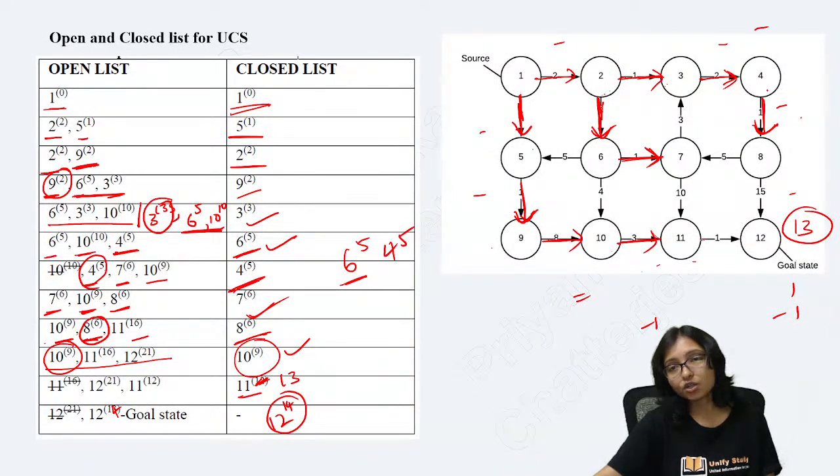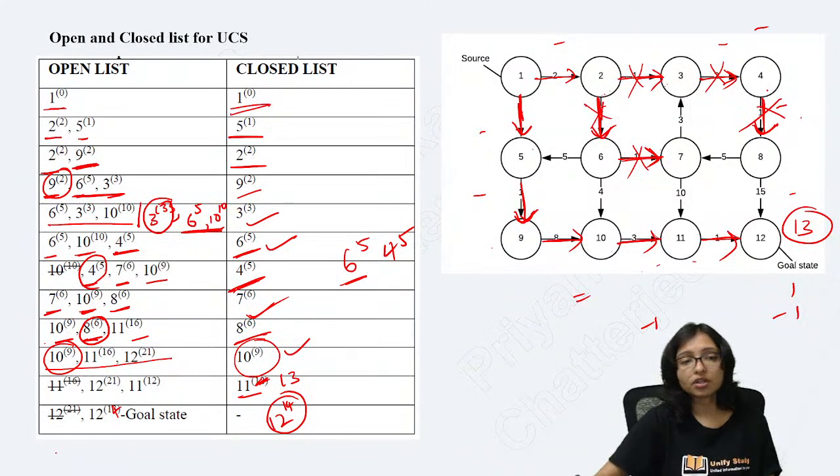Then after that 12. So actually these are the paths that did not reach the goal. Ultimately through which path do I reach the goal? I reach the goal ultimately from this path. This one, then this one, then this one, then here, then here. In this way I am able to reach the goal.